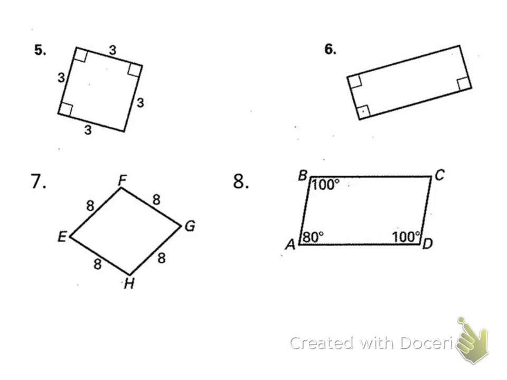The reason it's a square is because all of the sides are 3, right? All the sides are congruent, so it might be a rhombus, right? And then you see that all the angles are 90 degrees. If these 3 are 90, the last one has to be 90. That's the only way that it'll add to 360. So once you know that all the sides are congruent, all the angles are right angles, that's a square.